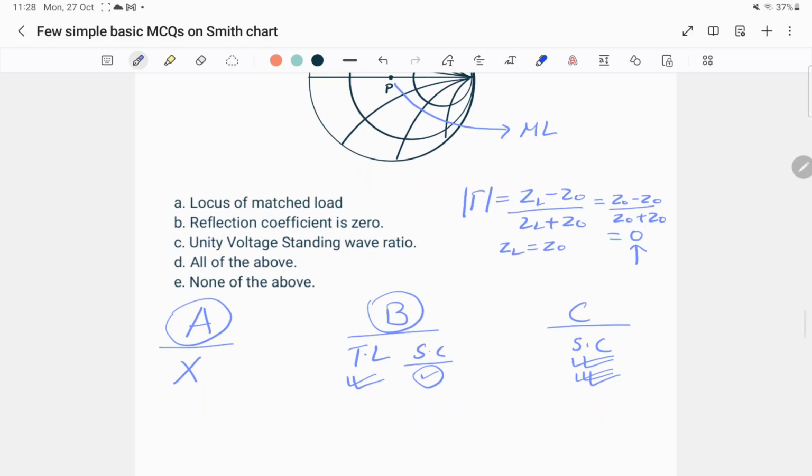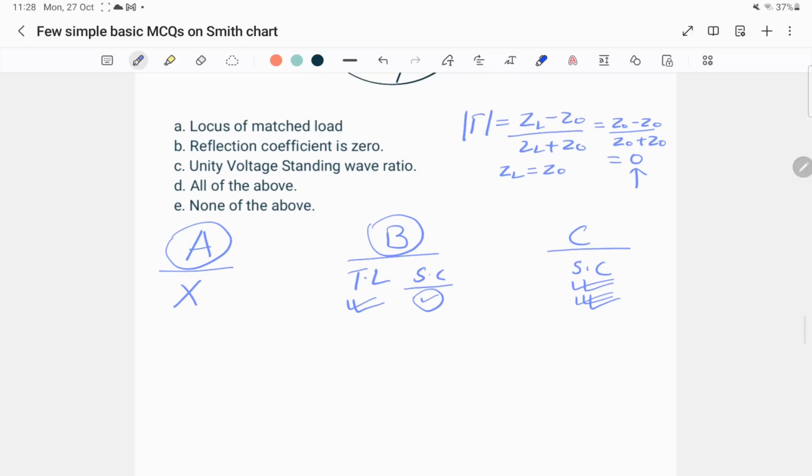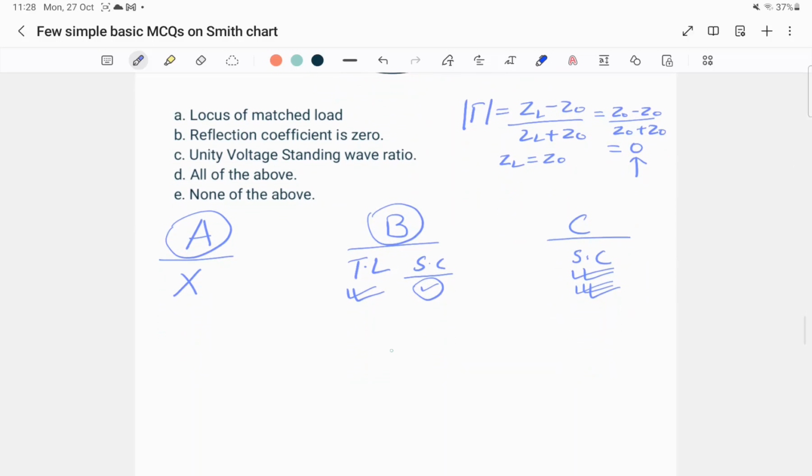Now next is unity voltage standing wave ratio. Student B also knows the formula for the voltage standing wave ratio, that is VSWR. So he knows that VSWR is equal to 1 plus reflection coefficient divided by 1 minus reflection coefficient.